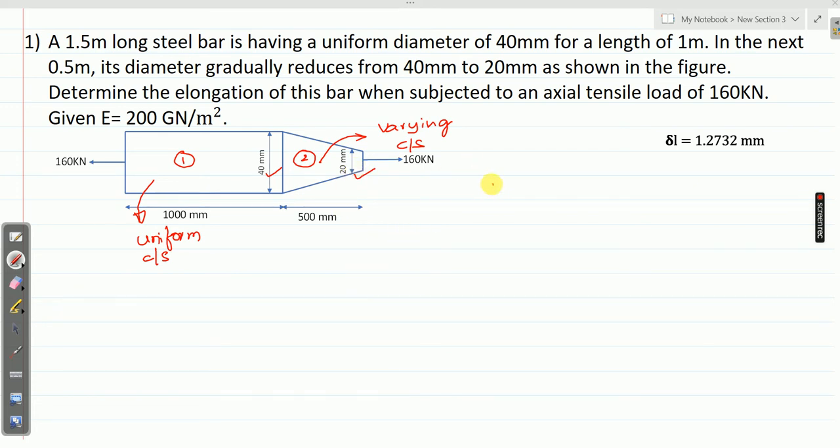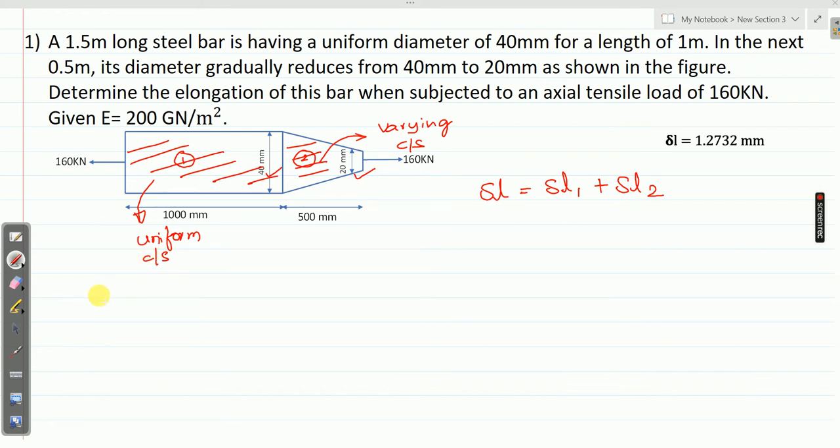So total elongation delta L equals delta L1 plus delta L2, where delta L1 is the elongation of section 1, whereas delta L2 is the elongation of the second section.